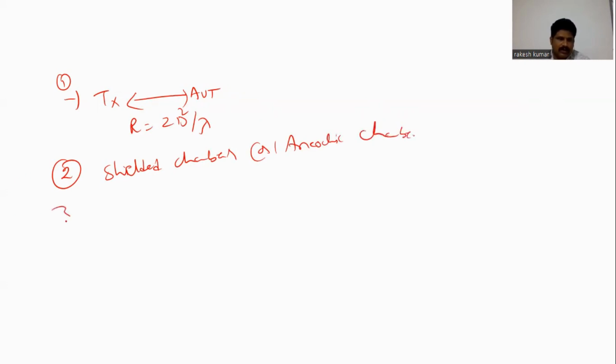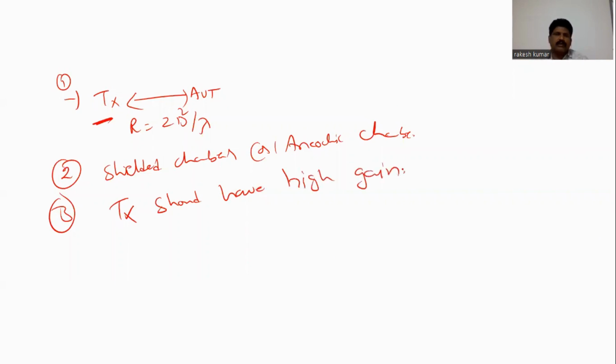And third, whatever transmitting antenna you are using should have high gain. These are the points you must remember while arranging any setup.